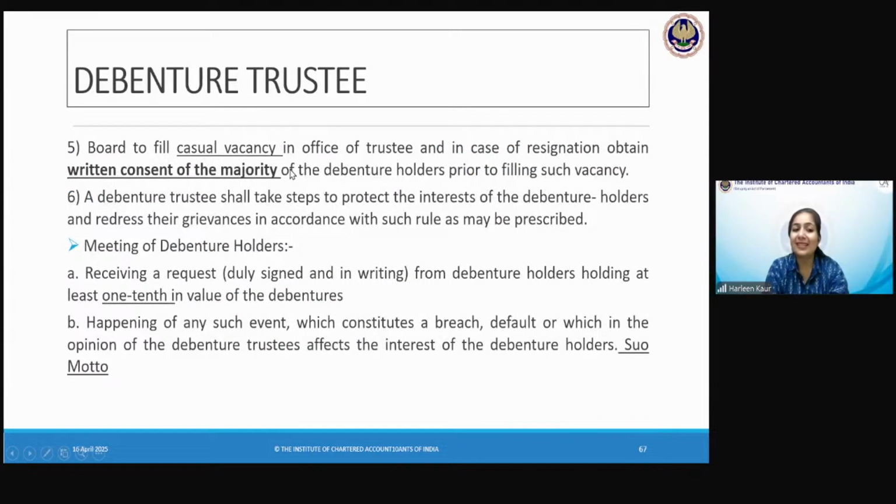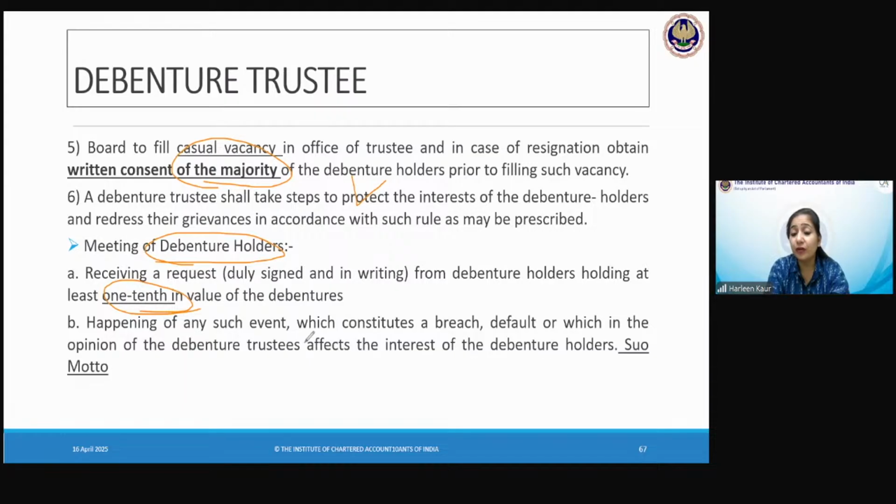If any casual vacancy happens, then again, the majority consent of debenture holders can be taken and we can fill up the casual vacancy. And the last point tells about the meeting of debenture holders. If 1/10 of the debenture holders request in writing, then we can hold a meeting of debenture holders also.